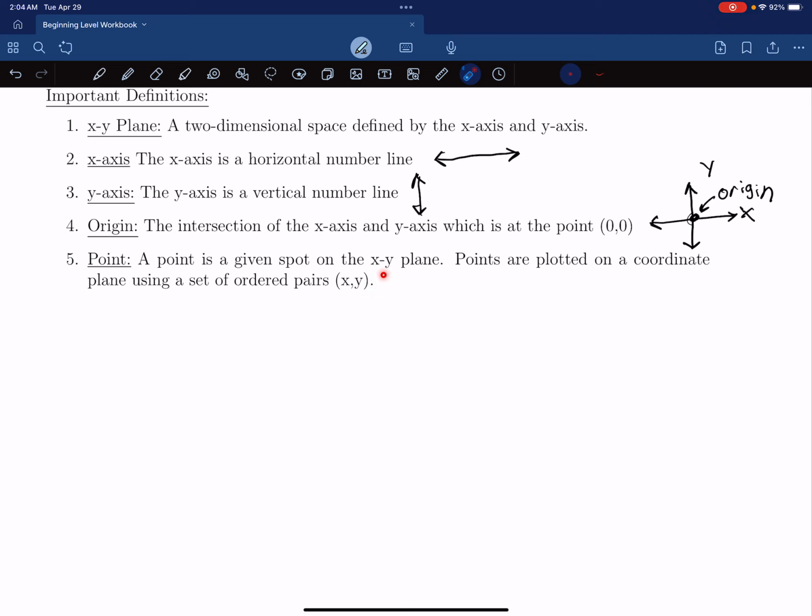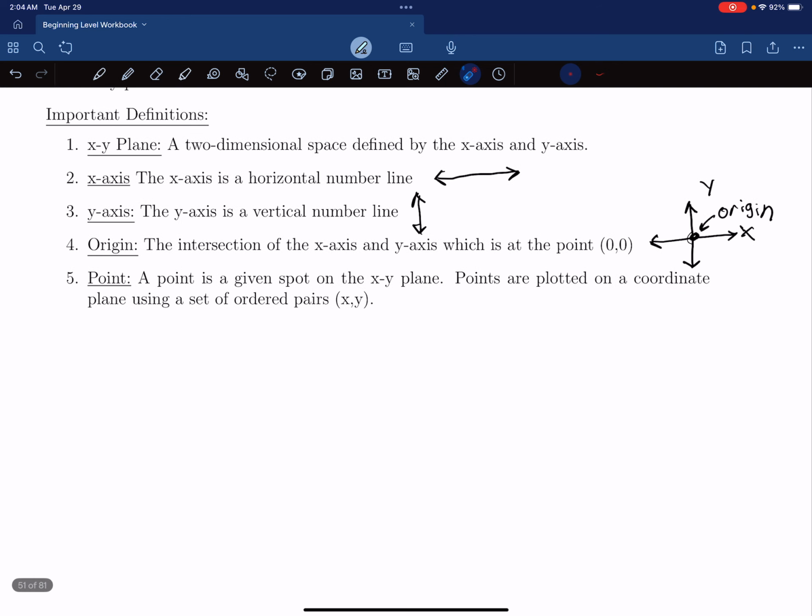In this particular section, we're not going to go into plotting points. That's actually the next section. But just to get the idea of what a point is and that they exist. So for example, this origin here is a point. When x is 0 and y is 0, it's right here.